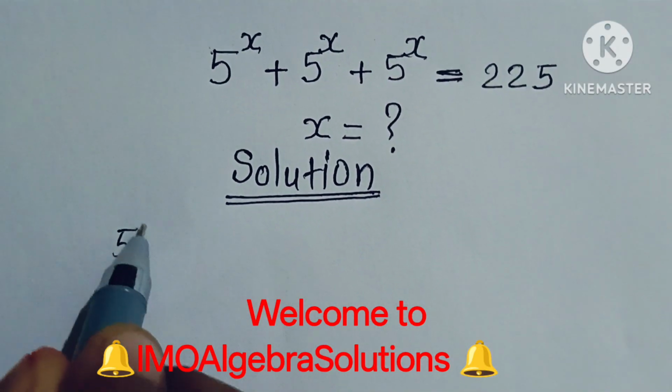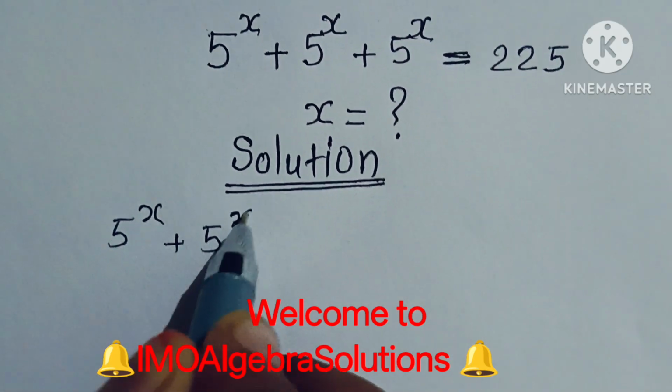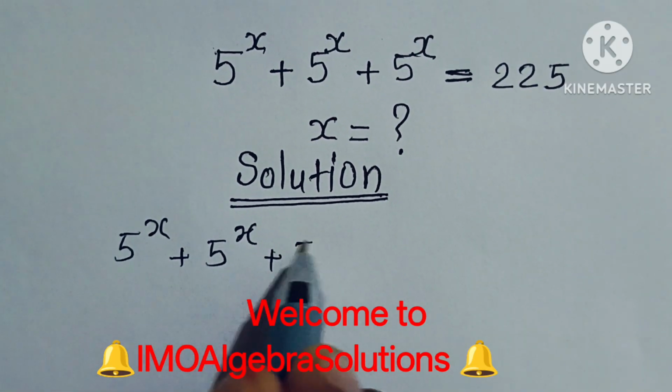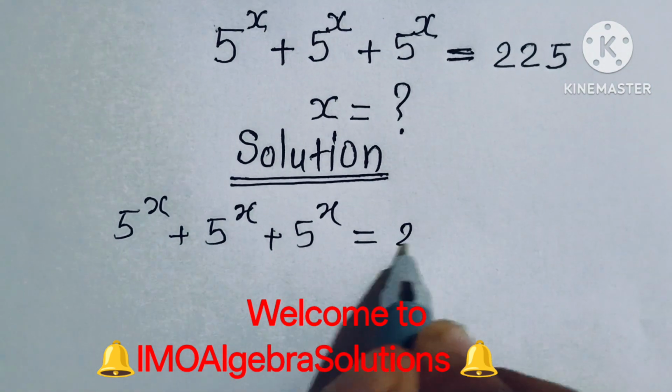5 raised to power x plus 5 raised to power x plus 5 raised to power x equal to 225.